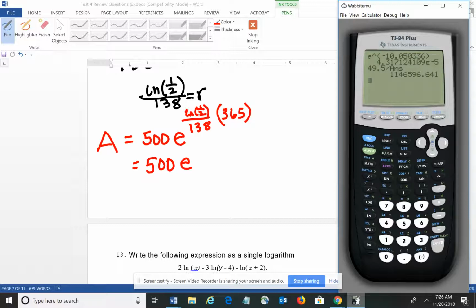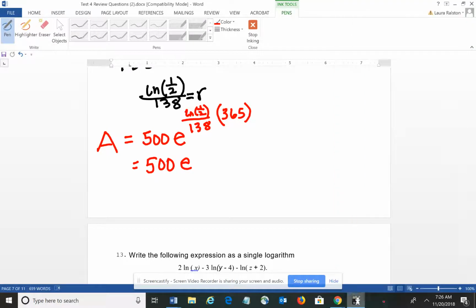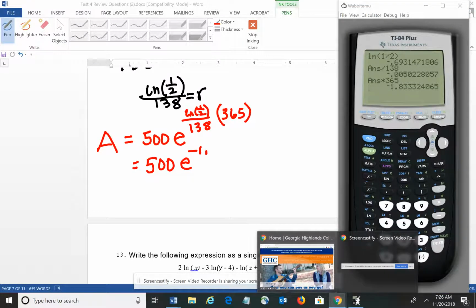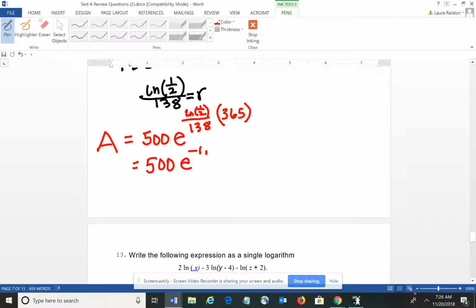So we would do the natural log of 1 divided by 2, so the natural log of 1/2 divided by 138 times the 365 days. So it becomes e to the negative 1.83.